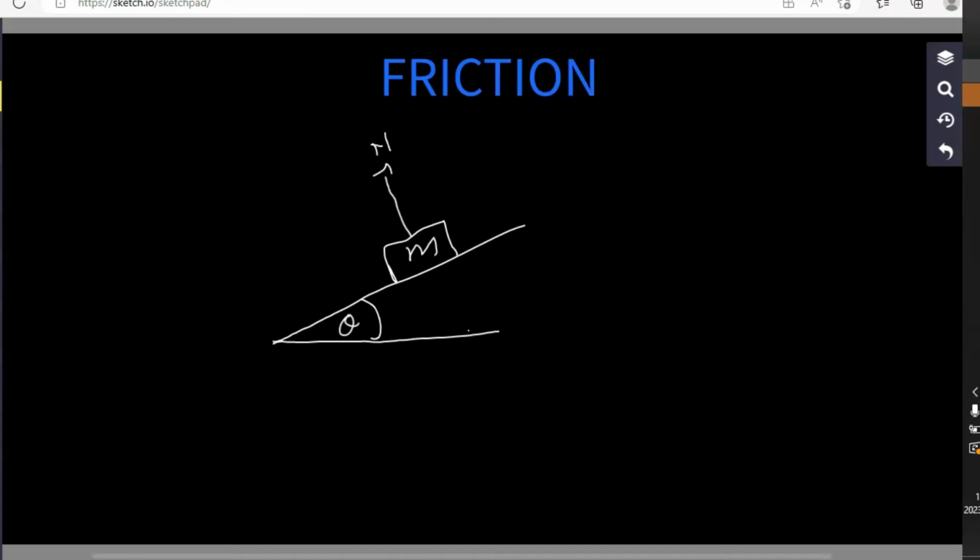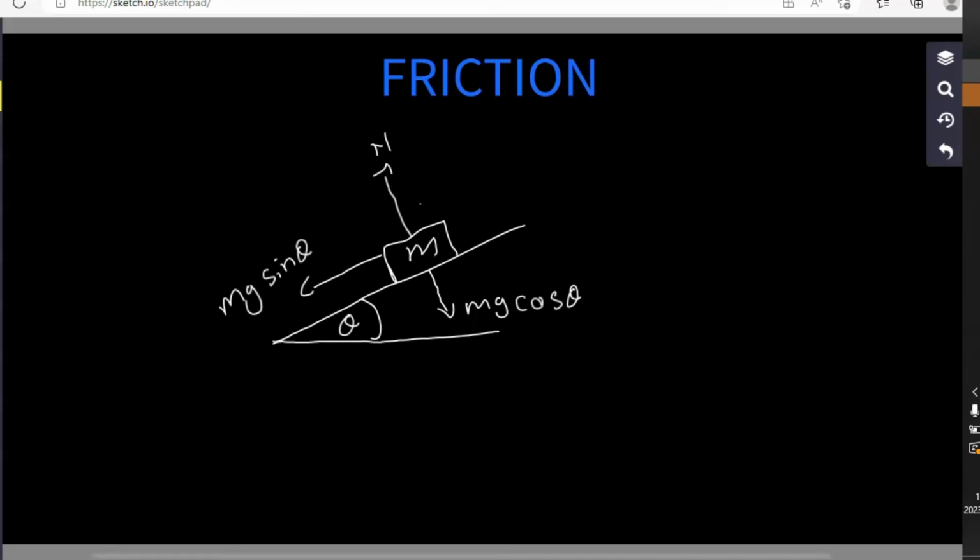We are going to have this force with mg cos theta, and this force again, which is mg sine theta. And now, depending on the direction of motion, we are going to have frictional force in the opposite direction.